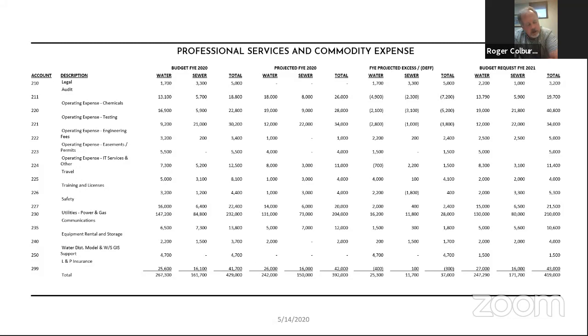I think I've got that audit expense projected for 2022 high. I'm projecting it to be $26,000. I think that's too much money. I don't think they're going to be much over that 19,700, are they? I would think that's probably too much. Yeah, I would have to look, but I'm pretty sure. Last year we budgeted 18,800.